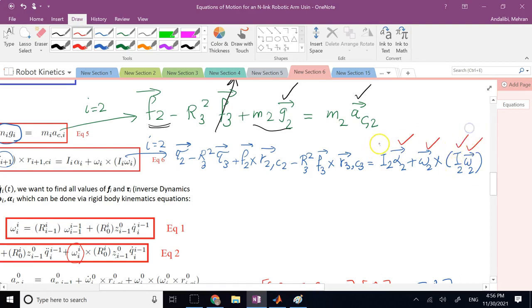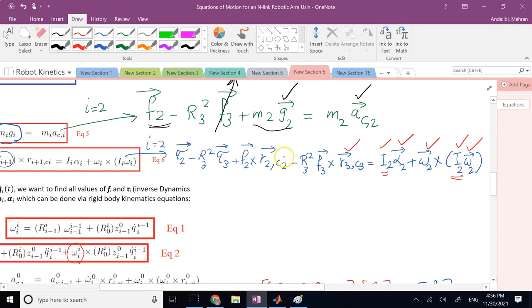I2 is already calculated. And the good thing about this I2 is I do not need to use a similarity transform to transform it back to any frame, because it is already about frame 2, or at least a frame parallel to frame 2 but passing through the centroid. So I do not need to recalculate this I2. You just use it as is. Omega 2 and alpha 2 are already calculated.